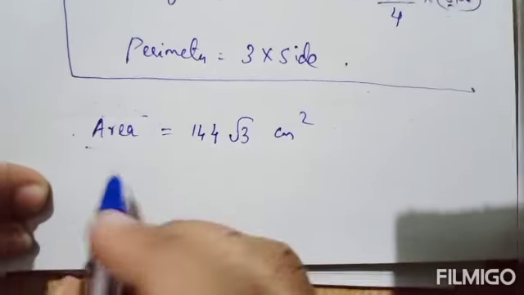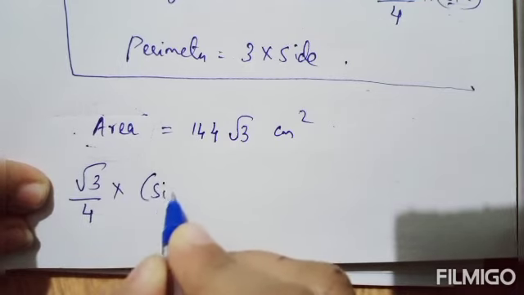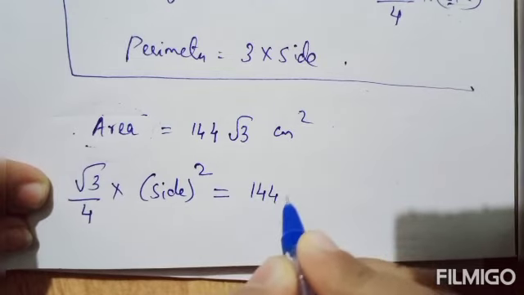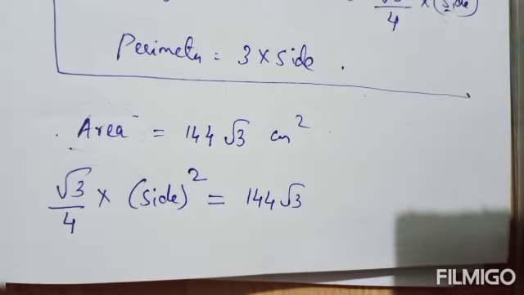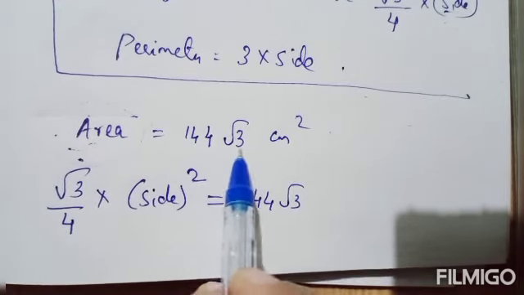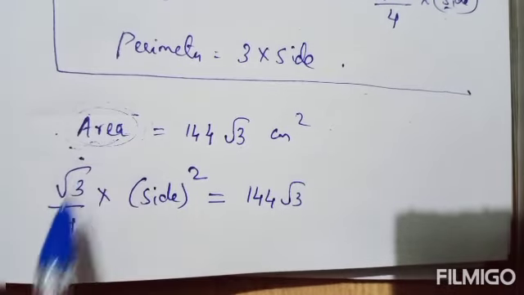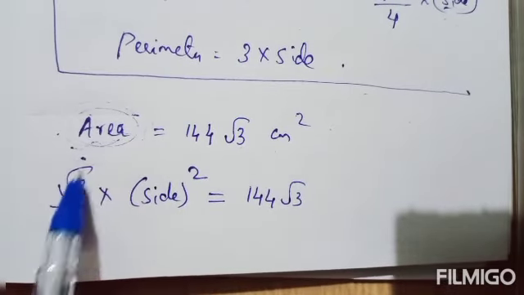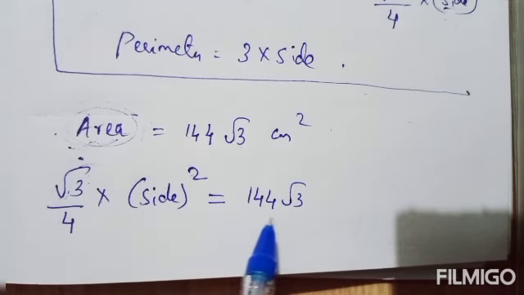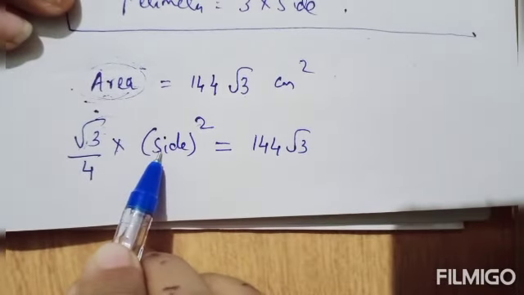So you can use the formula root 3 by 4 into side square equal to 144 root 3. This is the area of the equilateral triangle, given as 144 root 3 centimeter square. You can substitute the formula, that is root 3 by 4 into side square equal to 144 root 3. Now you can solve and find the side.